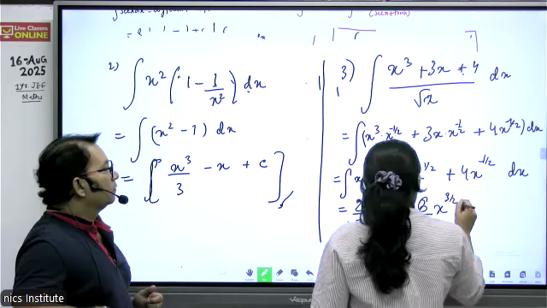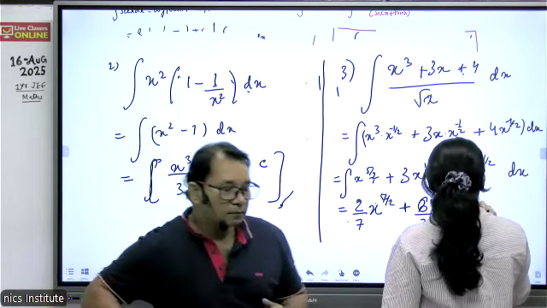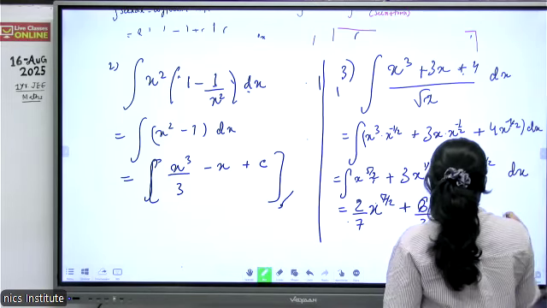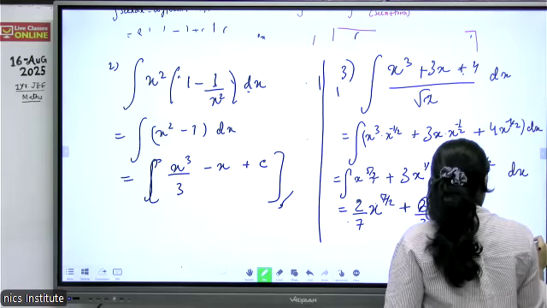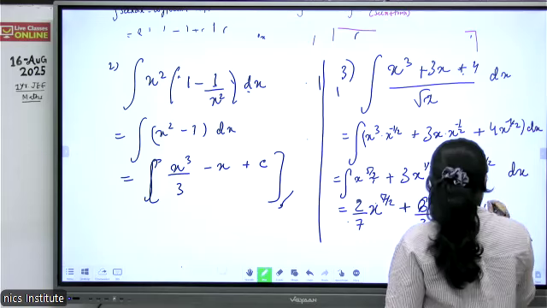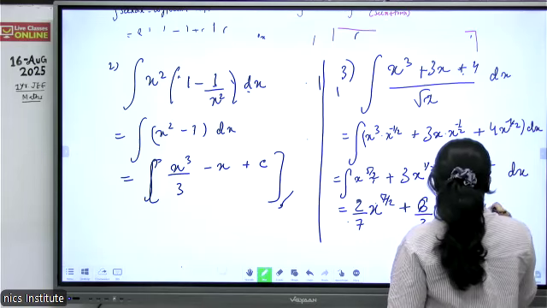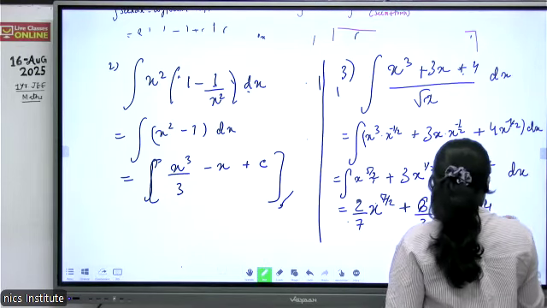Three by two. A minus B whole cube. A minus B whole cube is A cube minus B cube. No, minus B cube minus 3AB bracket A minus B. Yes.